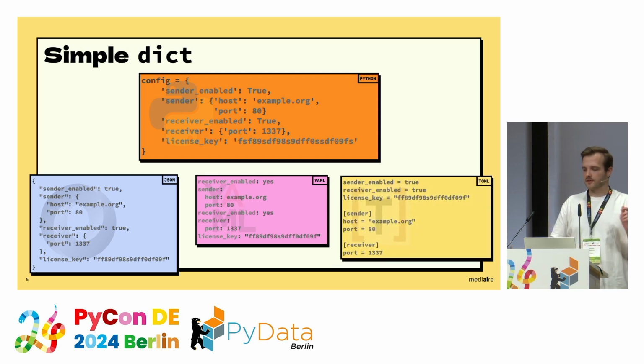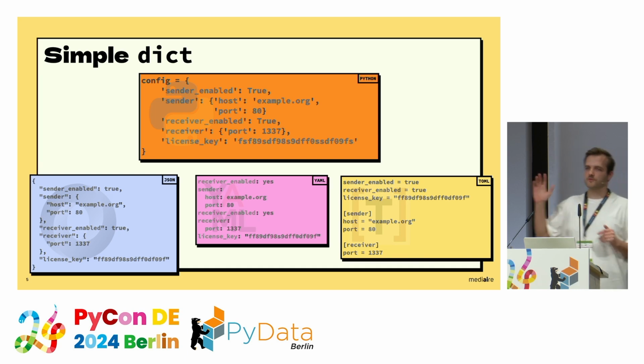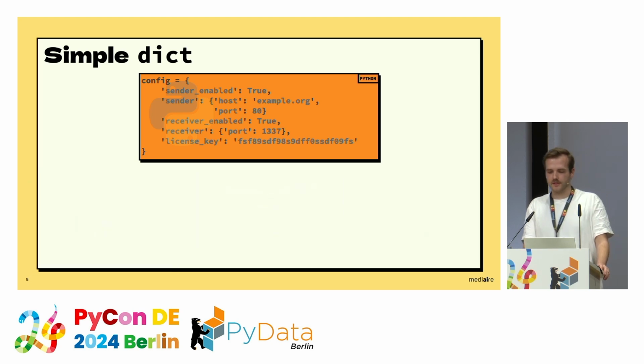In 3.11, we will get tomllib in the standard library. The pyproject.toml uses TOML, so maybe now I would use this. But in the end, my talk is not concerned with any serialization format. Anything that will unpack into a standard nested dictionary will do fine. So all of these are fine. We can use any kind of backend for our system here.